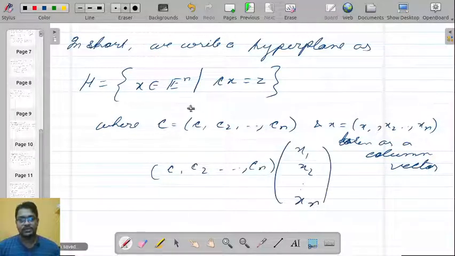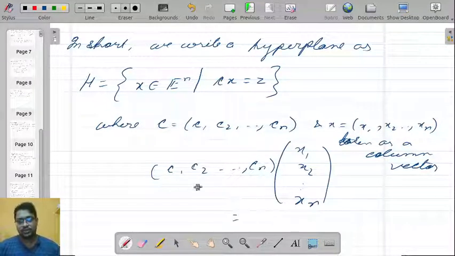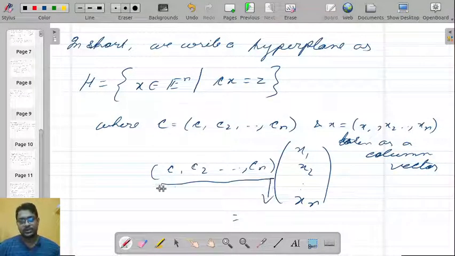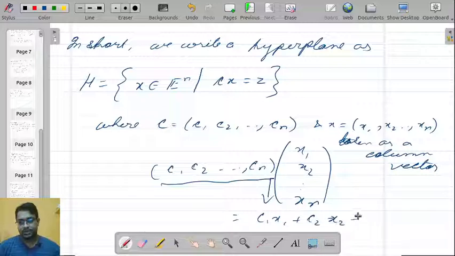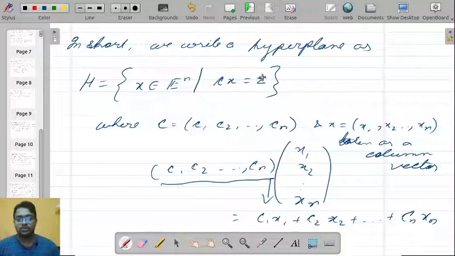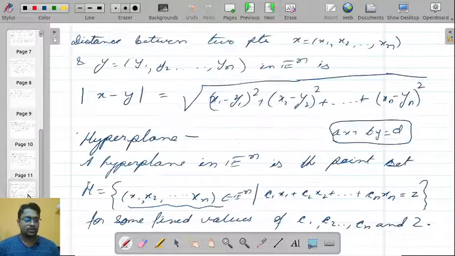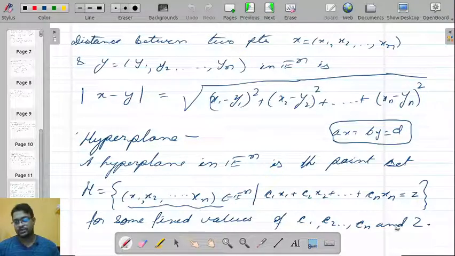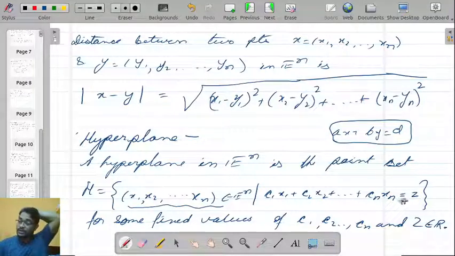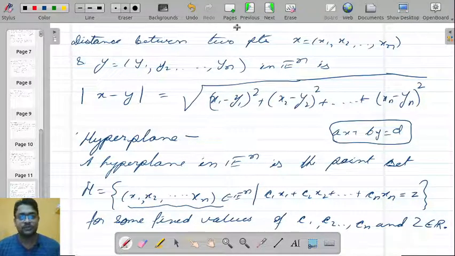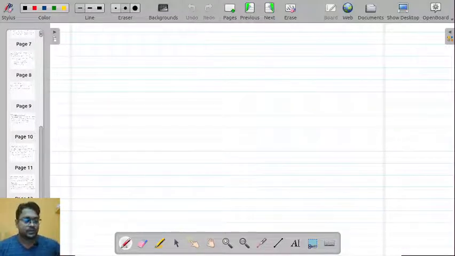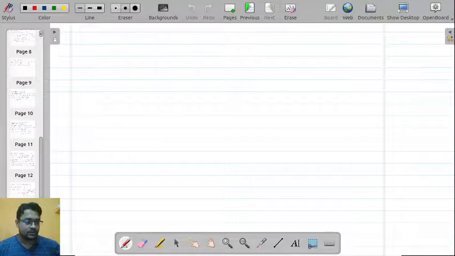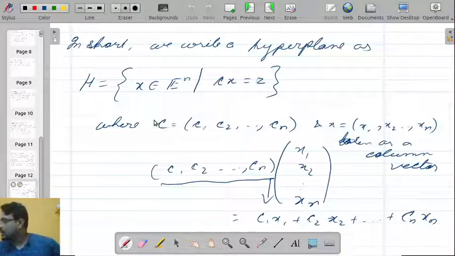So it's actually c1 x1 plus c2 x2 plus up to cn xn, equal to z. Here we have defined this for some fixed values of c1, c2, cn and z in R. These are scalars, or real numbers. So this is called the hyperplane.